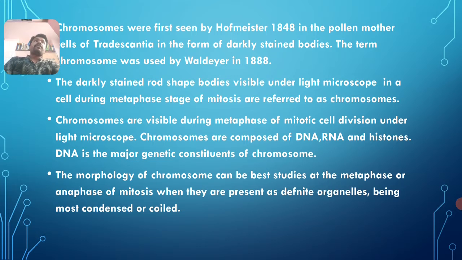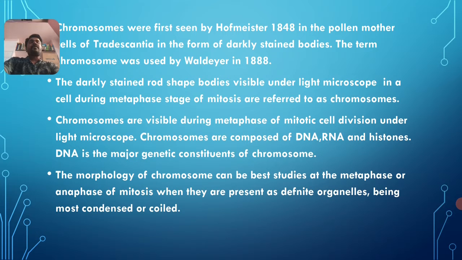What are chromosomes? Chromosomes are the colored bodies present in the nucleus. In the last class, we saw that in the nucleus there are two chromatin fibers, heterochromatin and euchromatin. Both undergo condensation to form the rod-shaped chromosome.